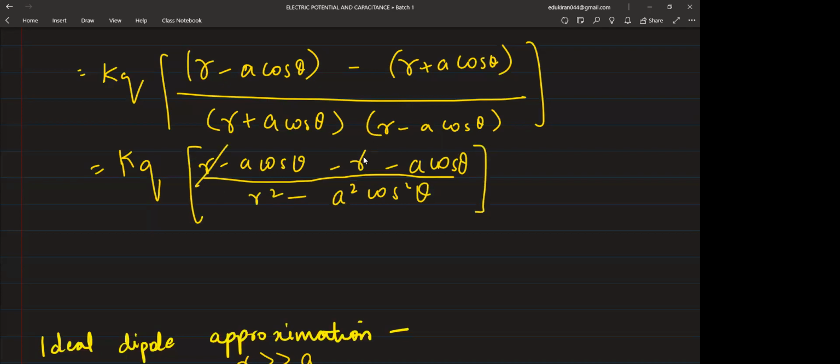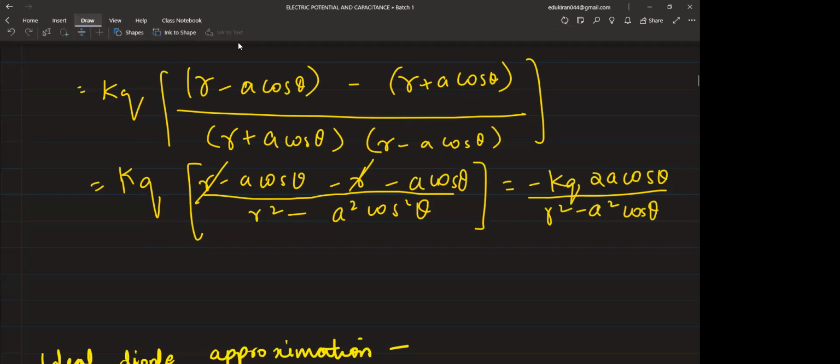So this is R minus R, so this is actually minus KQ. And this is minus A cos theta minus A cos theta, which is minus 2A cos theta, divided by R square minus A square cos square theta.